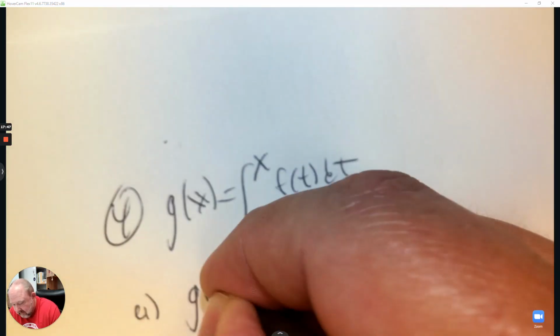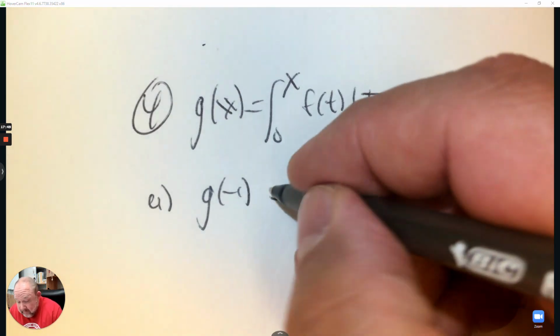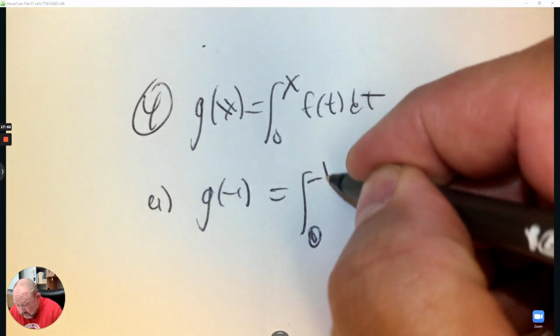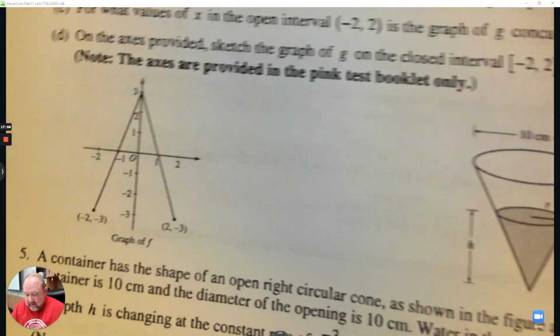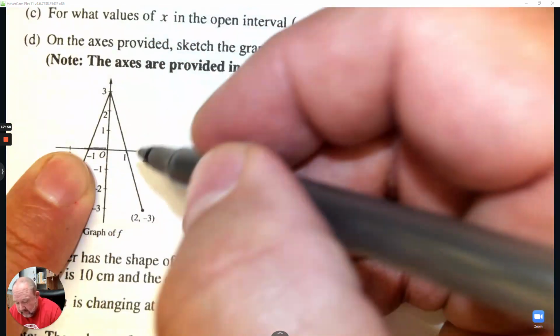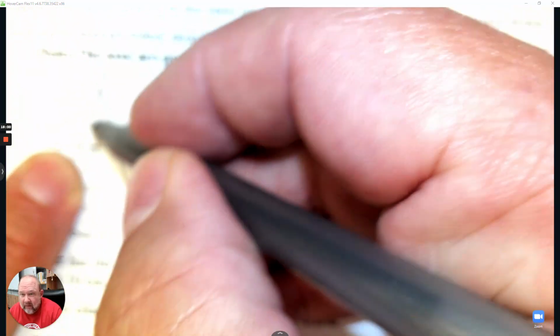So what's g of -1? What does that mean? It means you integrate. What's the area from 0 to -1? So from -1 to 0, what's the area? So that's this triangle right here, half the base times the height.